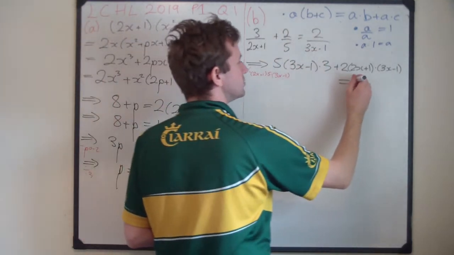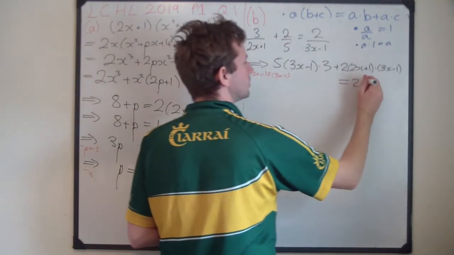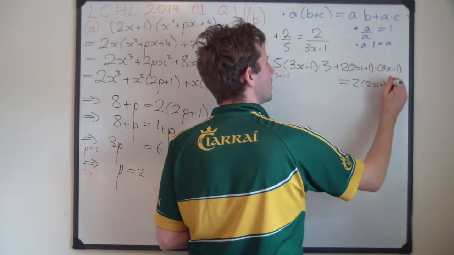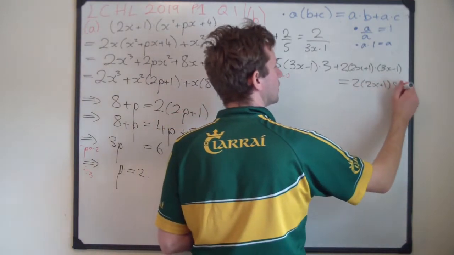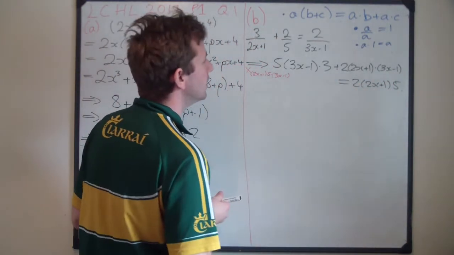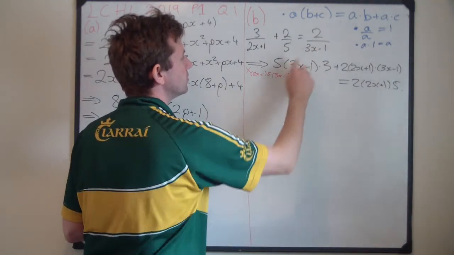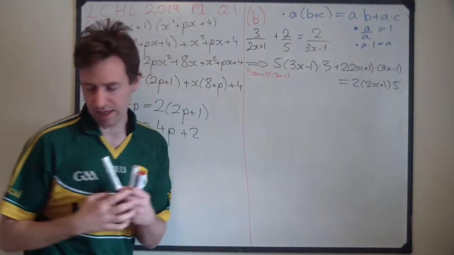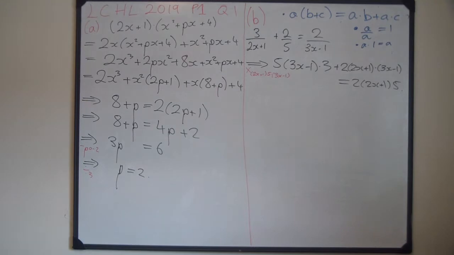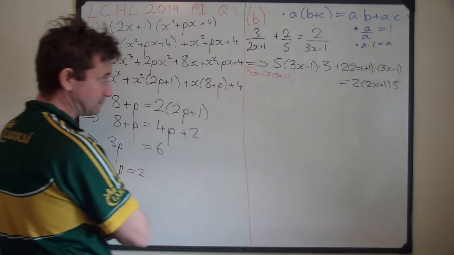So I have 2 by 2x plus 1 by 5, and then 3x minus 1 divided by 3x minus 1 is equal to 1. Multiplying by 1 makes no difference. So this is going from here to here.